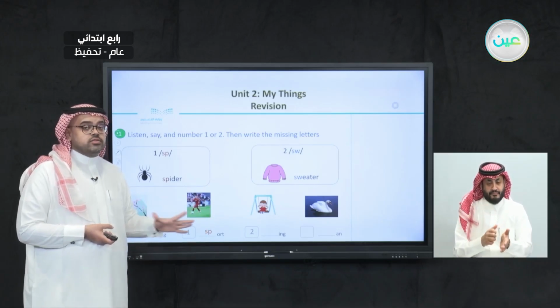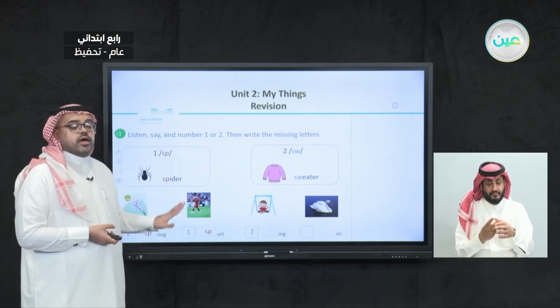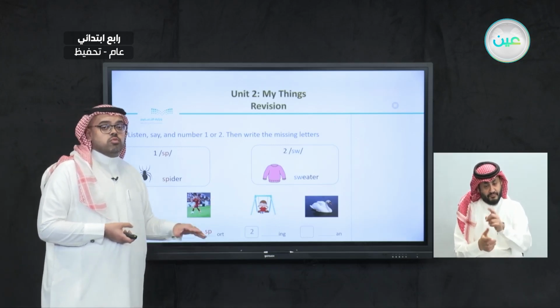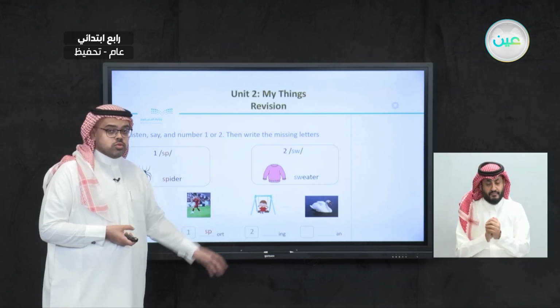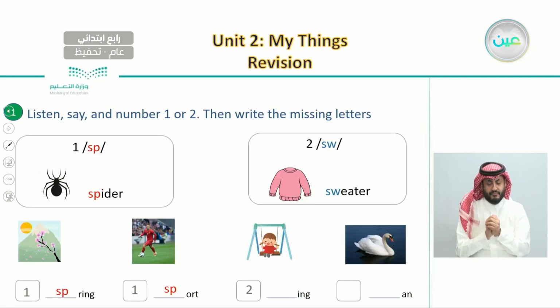Now, after we finish the first one and the second one, let us move on straight to the third one. Now let's listen to the third picture. The third picture is swing. Swing. Say after me. Swing. So, what do you think?